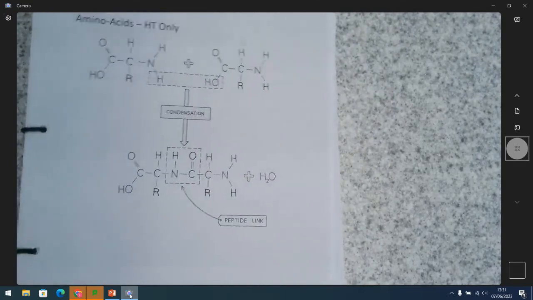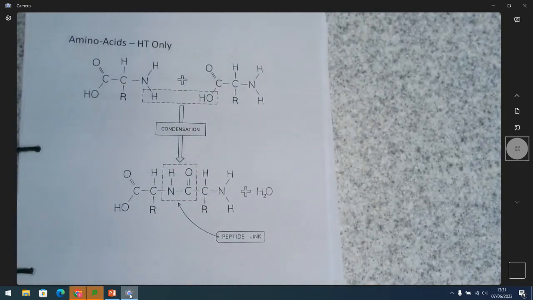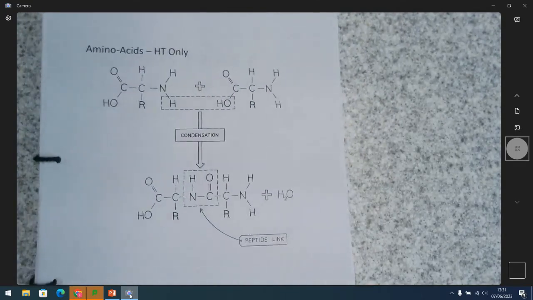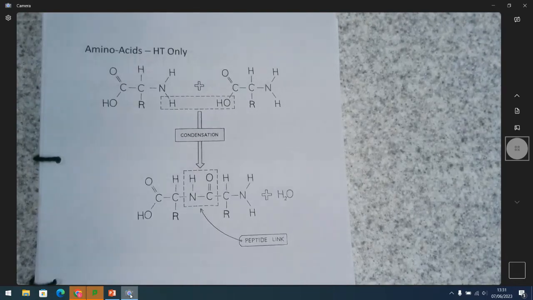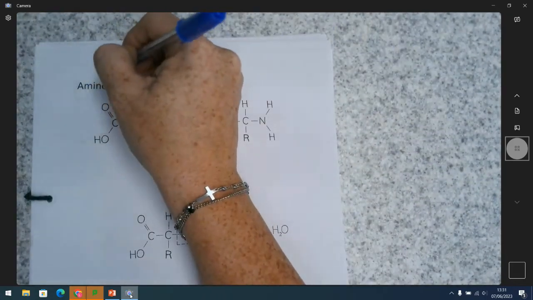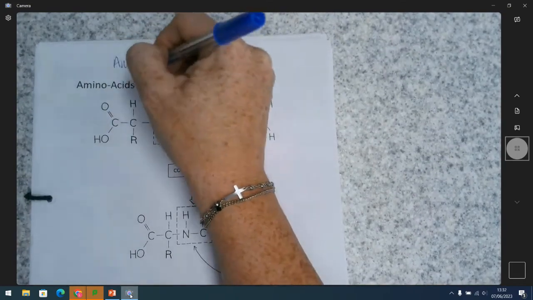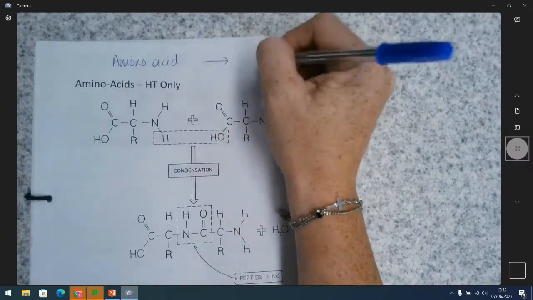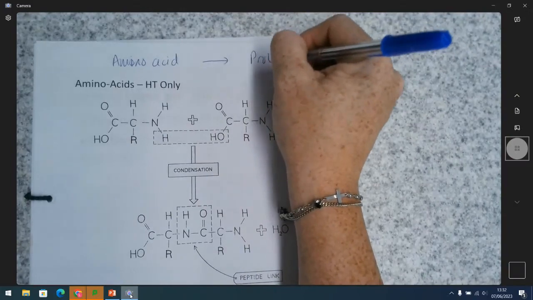Final thing we're going to look at are amino acids. And again, we've got a new functional group here, which is the amine functional group. But we should know that amino acids are the monomers to form proteins.